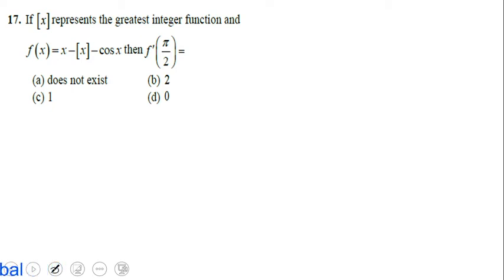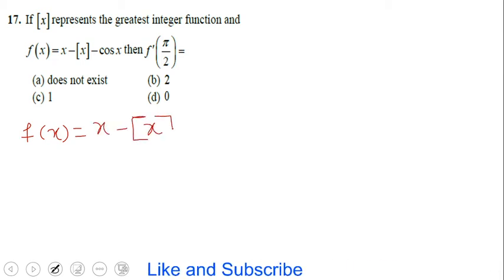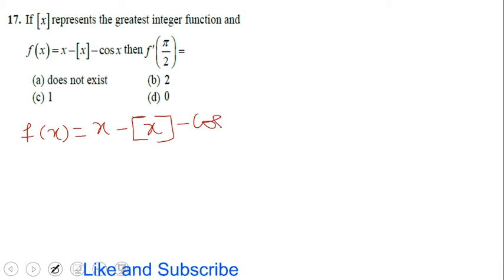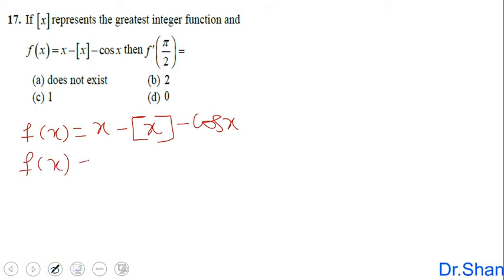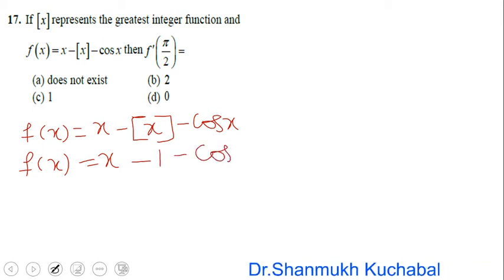If x represents the greatest integer function, here they have given f of x equal to the greatest integer function of x minus cos x. Then we have to find f dash of pi by 2. So f of x as it is, the greatest integer function we will take as 1, and cos x as it is.